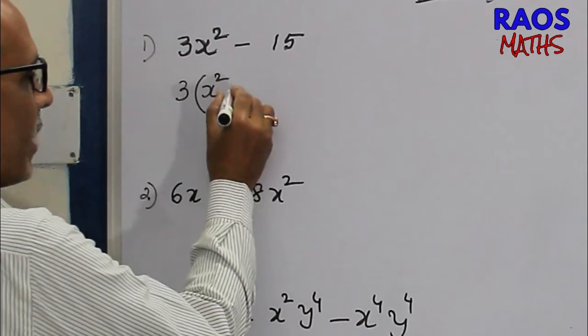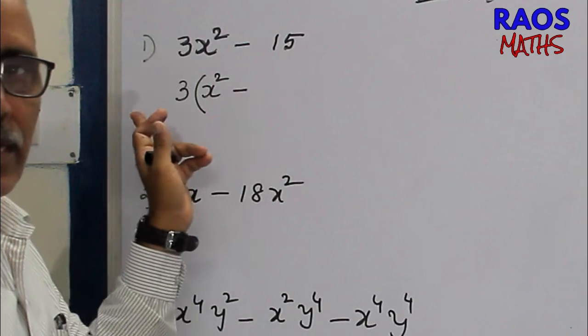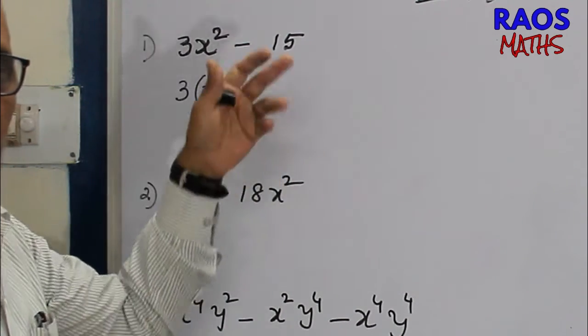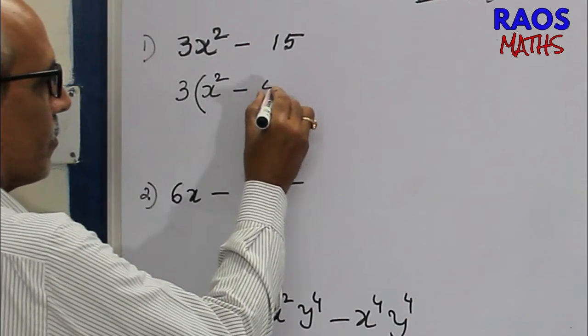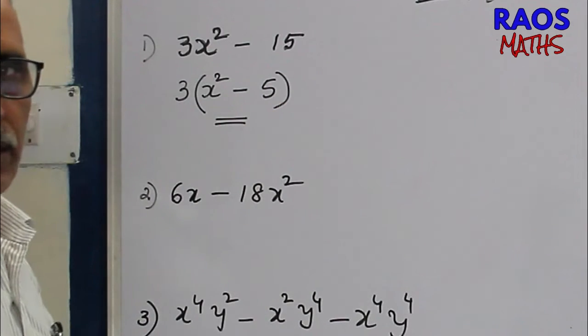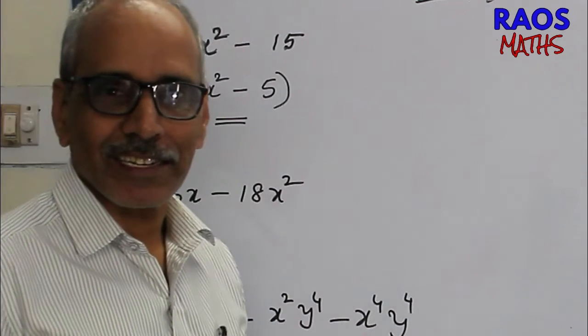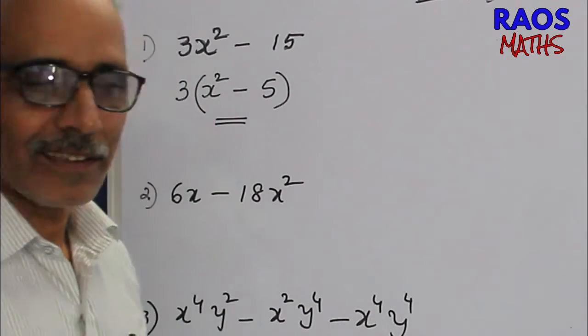Minus. Out of 15, if we take 3 as the common factor, the other factor of 15 is 5. Simple. Of course, these are basic questions. They don't come in the examination. But you should know the basics.